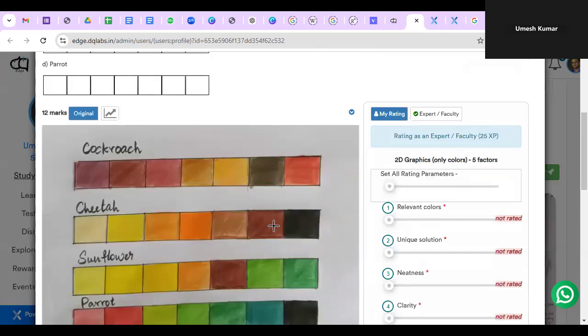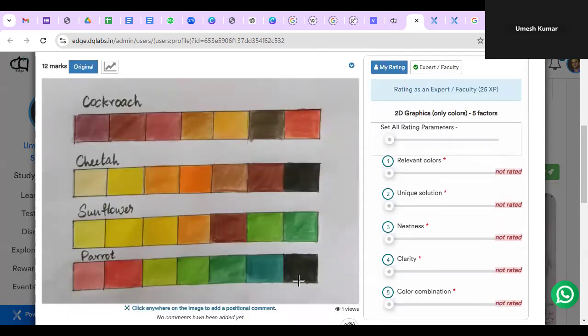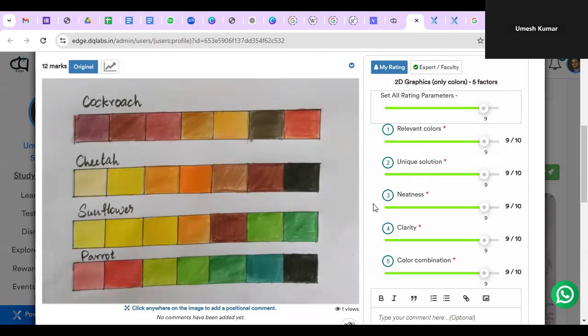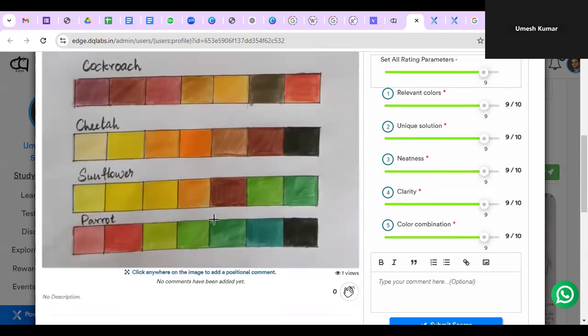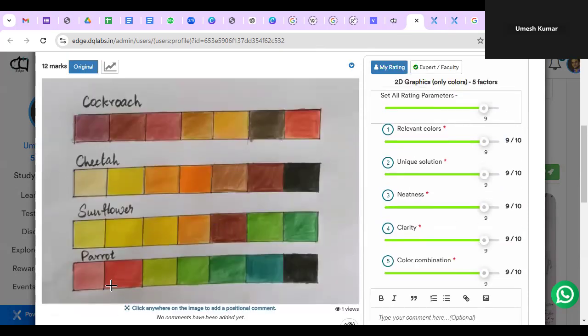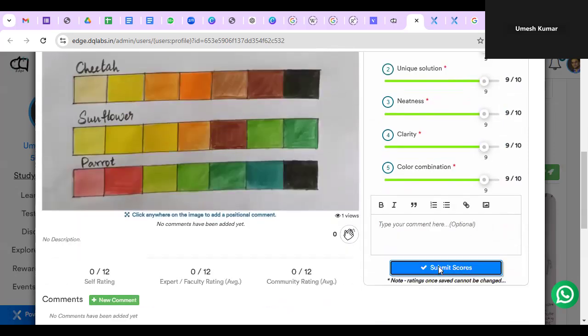Cockroach, cheetah, sunflower, parrot. Yeah, this was pretty good. I like the way that you colored. It's more prominent and the color intensity is good. So the color palettes are looking good when you can relate the color palettes to the actual object very nicely. That's good.